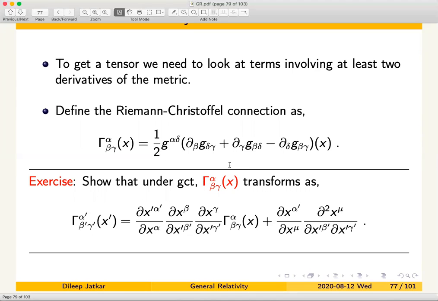Using those properties, show that the Riemann-Christoffel connection transforms inhomogeneously in this particular fashion. Remember, we had defined some gamma earlier. I'm using the same notation gamma because they are actually related. We used the earlier definition of gamma, which was only this piece.